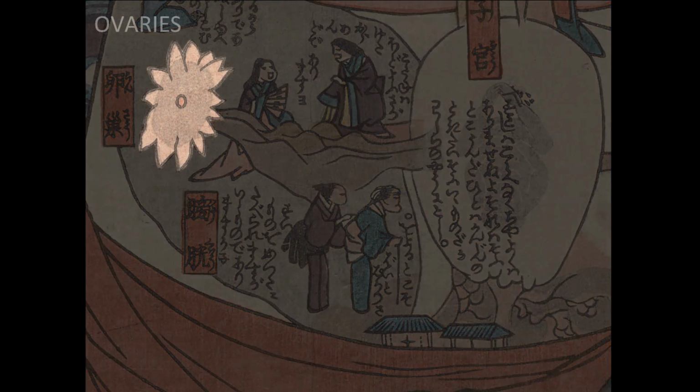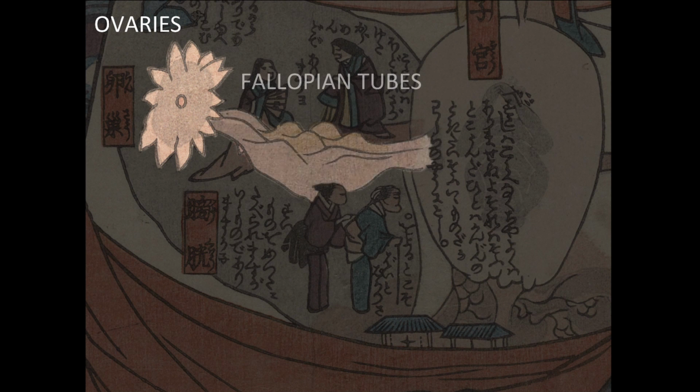But at the same time, we see, for the first time, these illustrations of the ovaries and the fallopian tubes, anatomical structures that were totally absent in traditional depictions of the body. So the point is that these are, in fact, conveying serious information, but at the same time, joking around. And it's this juxtaposition, I think, that's really quite fundamental to thinking about these illustrations.